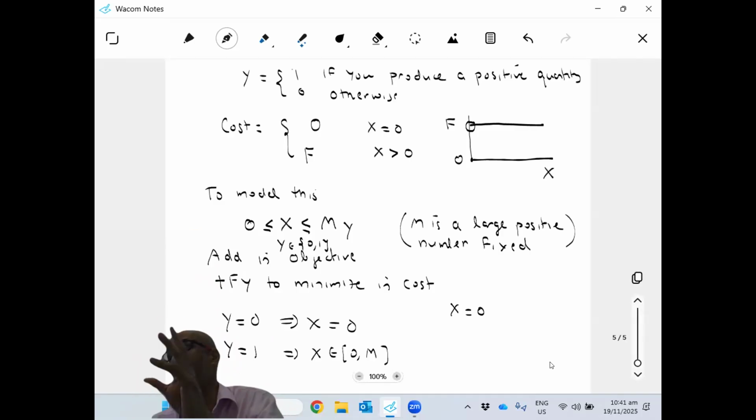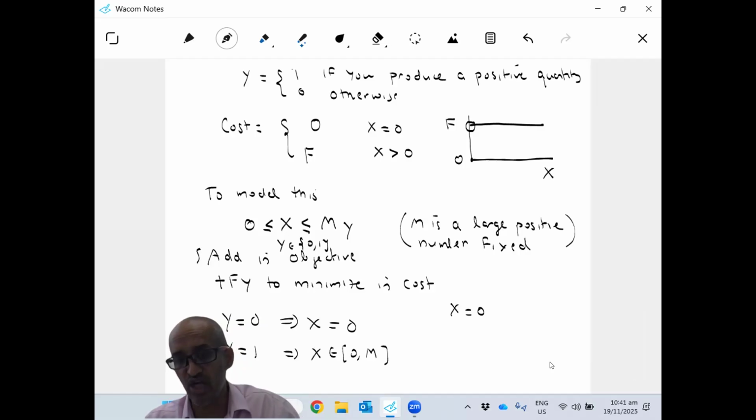It doesn't matter, both are valid. But because I'm trying to minimize cost, there's no reason for me to make Y 1 in the optimal solution. So by this modification, when X is 0, Y star will be 0 due to the objective.